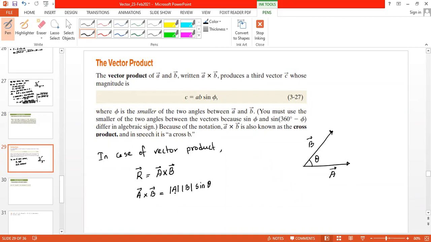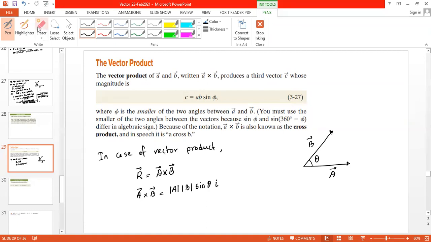See here, A and B both are scalar quantities and sine theta is also a scalar quantity. But if we vector multiply two vectors, the resultant would be a vector, so I have to multiply this with a unit vector.